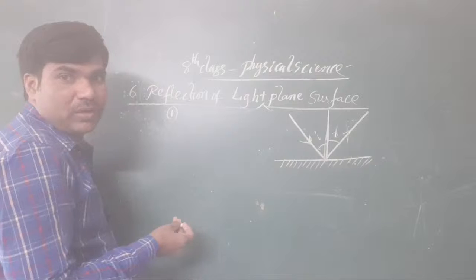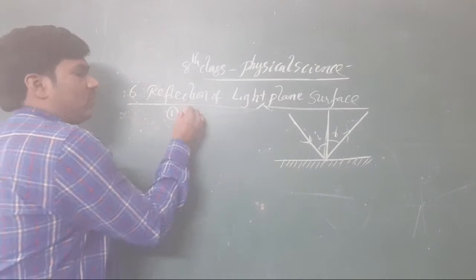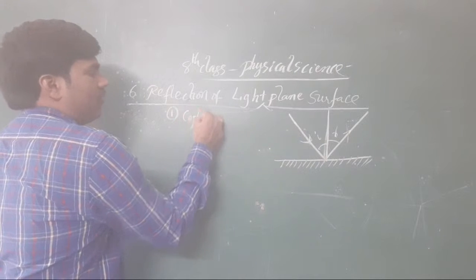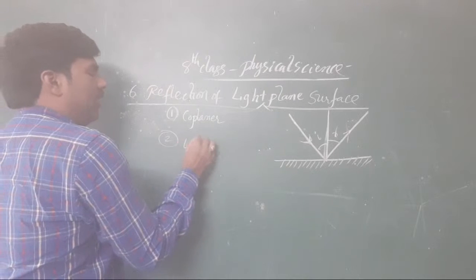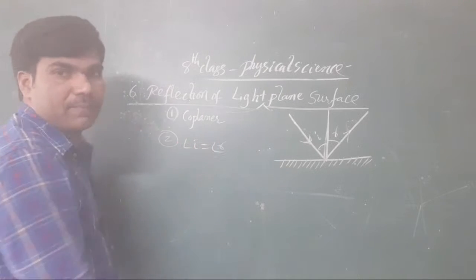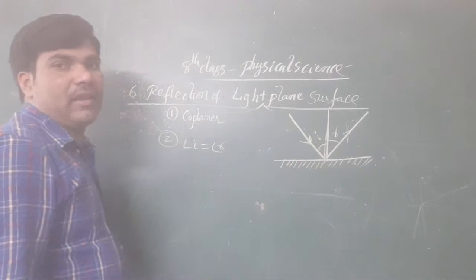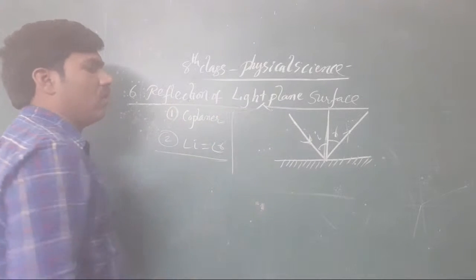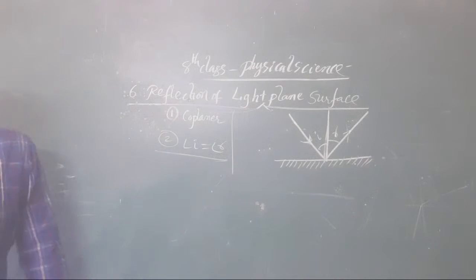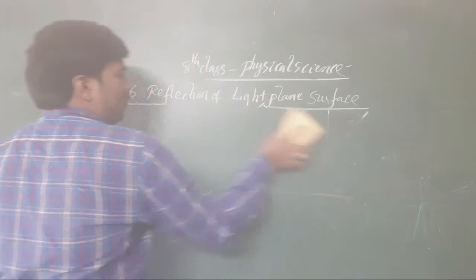It is coplanar. The second one: angle I is equal to angle R. The angle of incidence is equal to the angle of reflection. These two are called the laws of reflection.